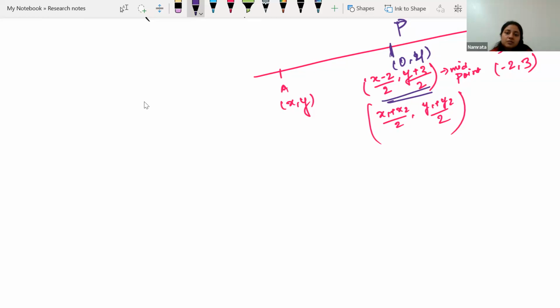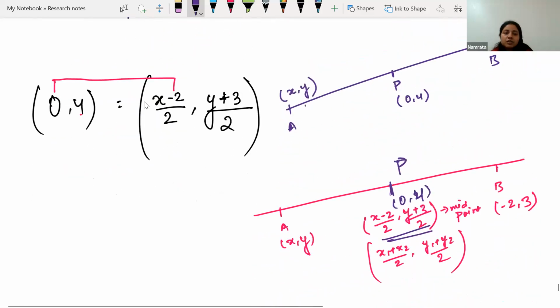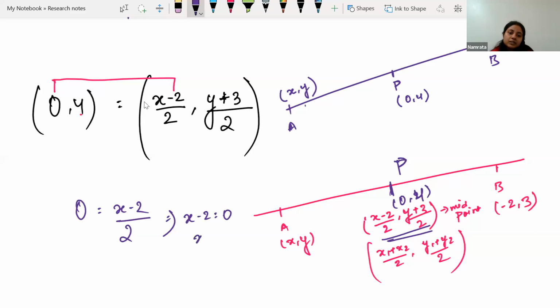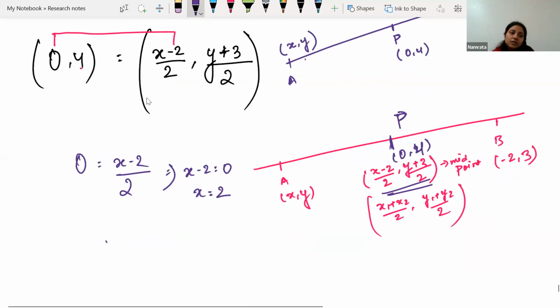Once we equate them, we will equate the x coordinate over here with the x coordinate over there, and the y coordinate with the y coordinate. That means 0 is equal to x minus 2 by 2. From here we get the x value. x minus 2 is 0, x is 2. Clear?